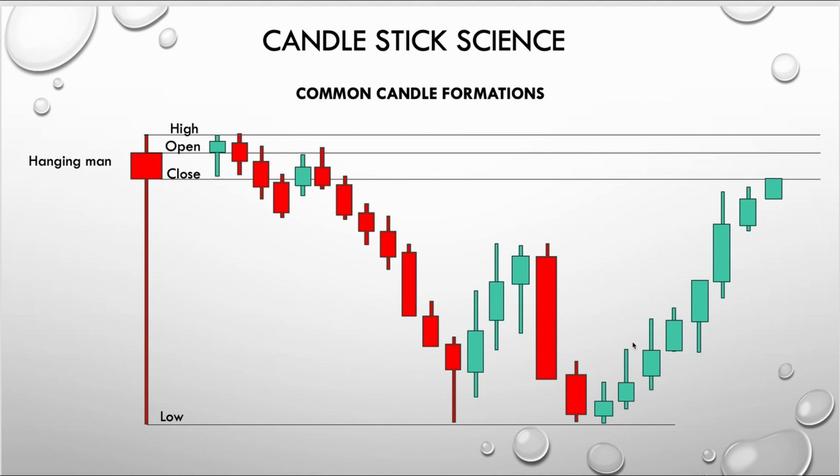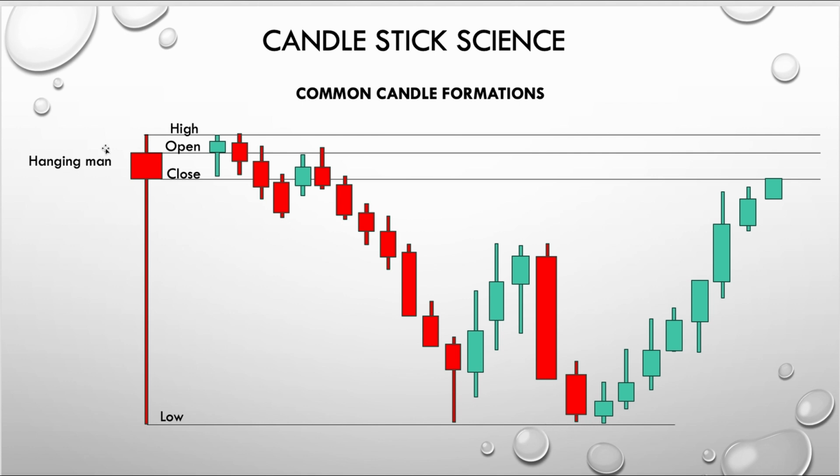But the bullish reversal that came in at the bottom was not enough to change this candle into a bullish candle, which would be a hammer. Generally, this candle still has sellers in control, but they are very weak. They've been weakened by the buying pressure that came from down here.